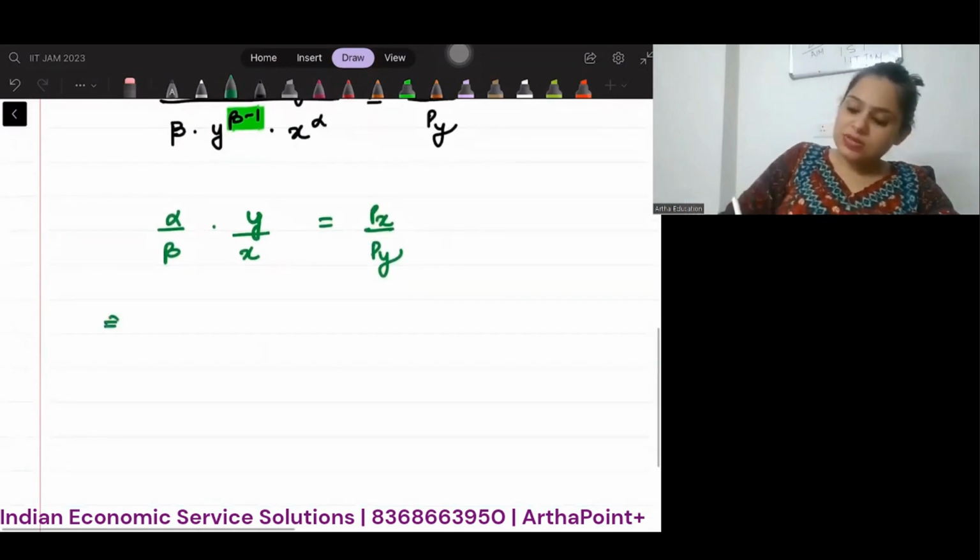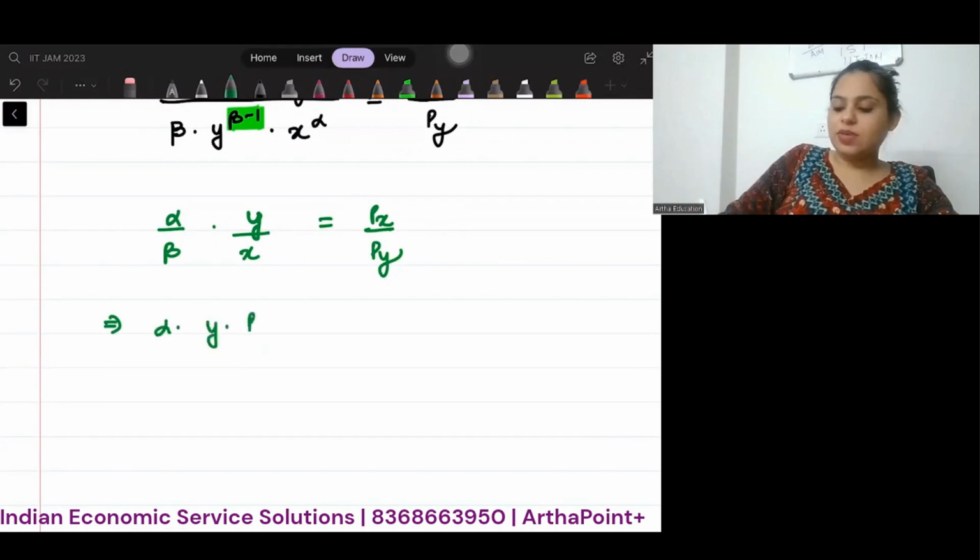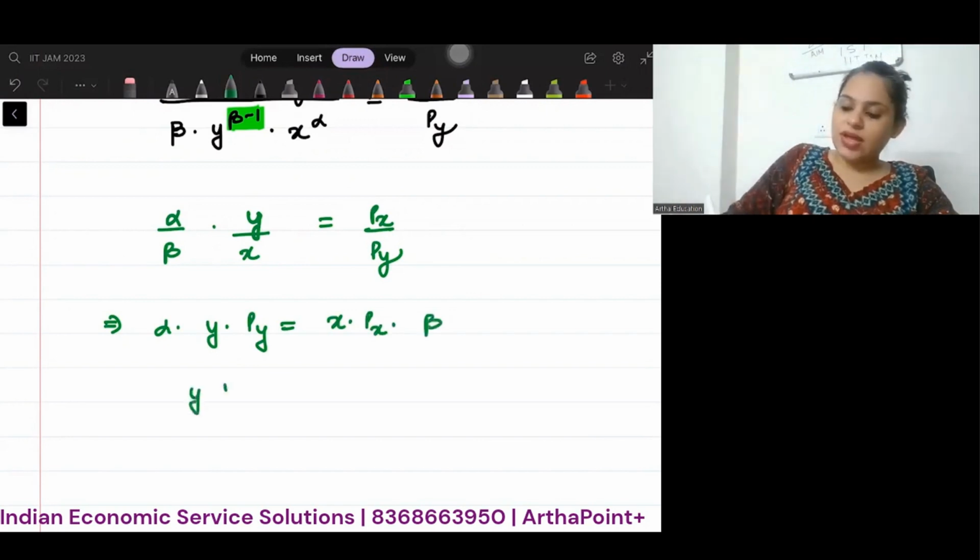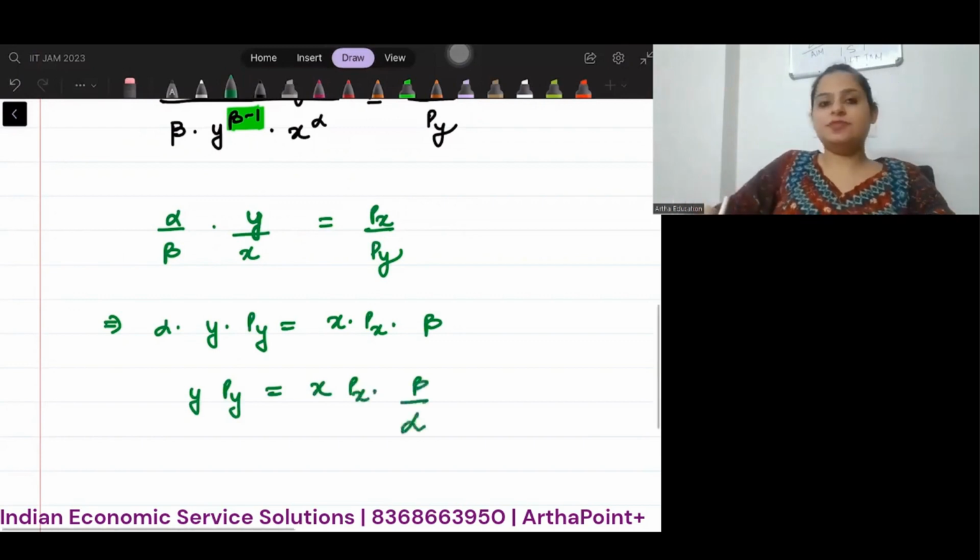So if I cross multiply, alpha y py is equal to x px into beta. So y py will be x px into beta by alpha.